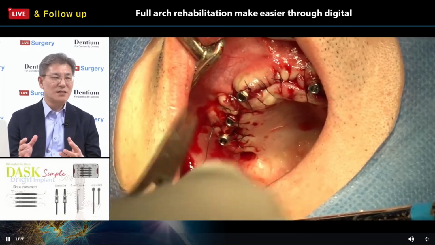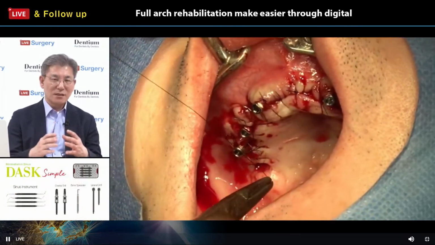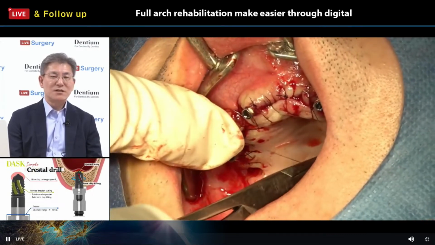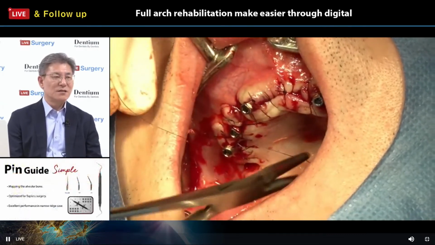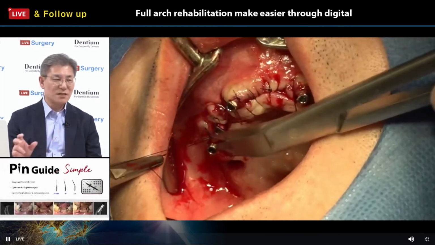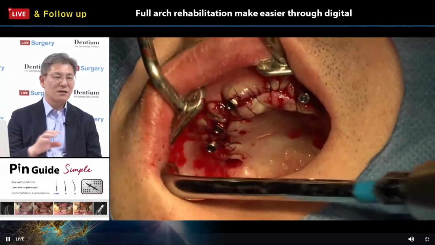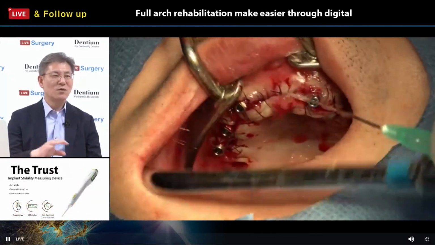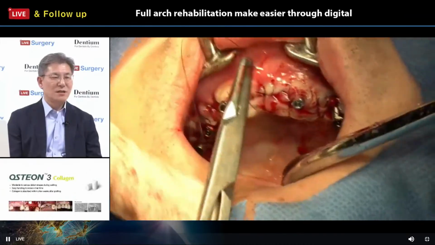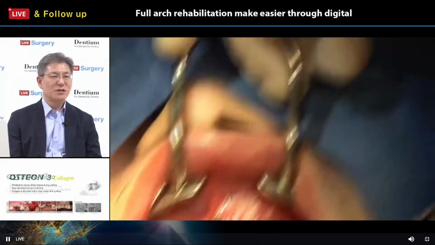The first is working as a healing abutment, and the other is the digital impression jig, right? So after surgery, just intraoral scanning, getting good information about all the soft tissues and the fixture position.